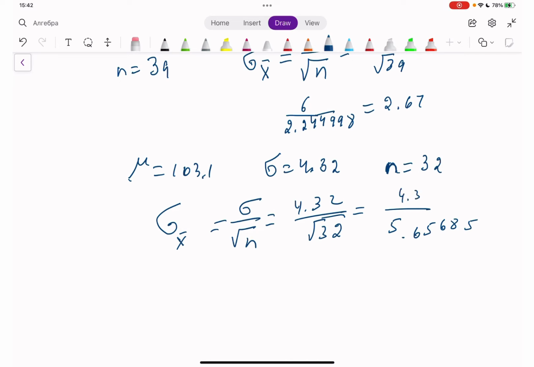Okay, 4.32 divided by 5.65685, and we get 0.76367, or 0.76368 even.